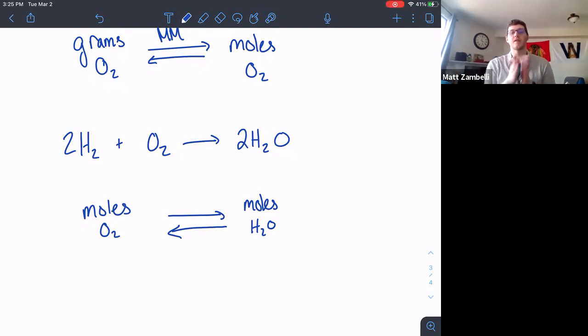But if we're trying to go from moles of one thing to moles of another thing, do you guys remember what we have to use? It was on Thursday. We did a few practice problems on it. Something to do with these numbers in front here, those coefficients. You guys remember what that one was called?